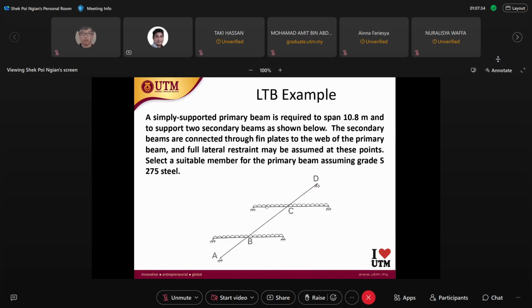Because of these two secondary beams, we have two intermediate restraints.